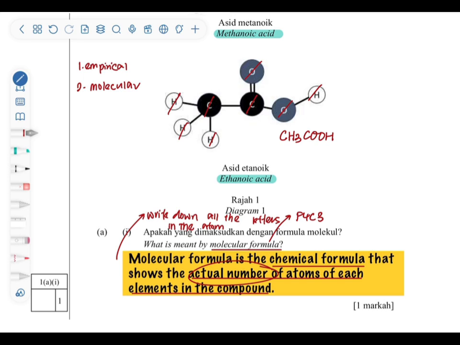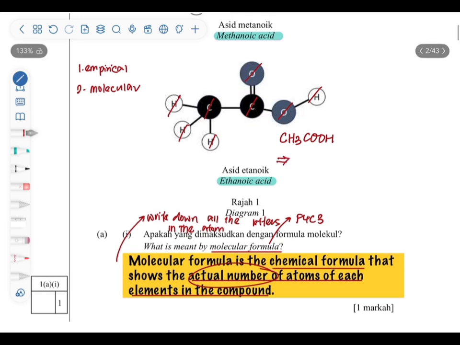You cannot simplify it. If I want you to write the empirical formula, it is the simplest ratio of each atom in the element.